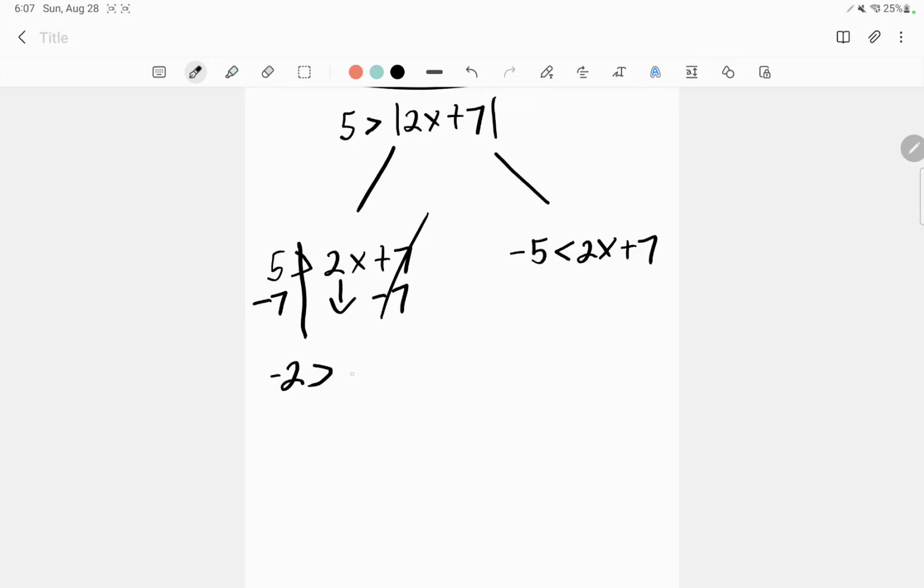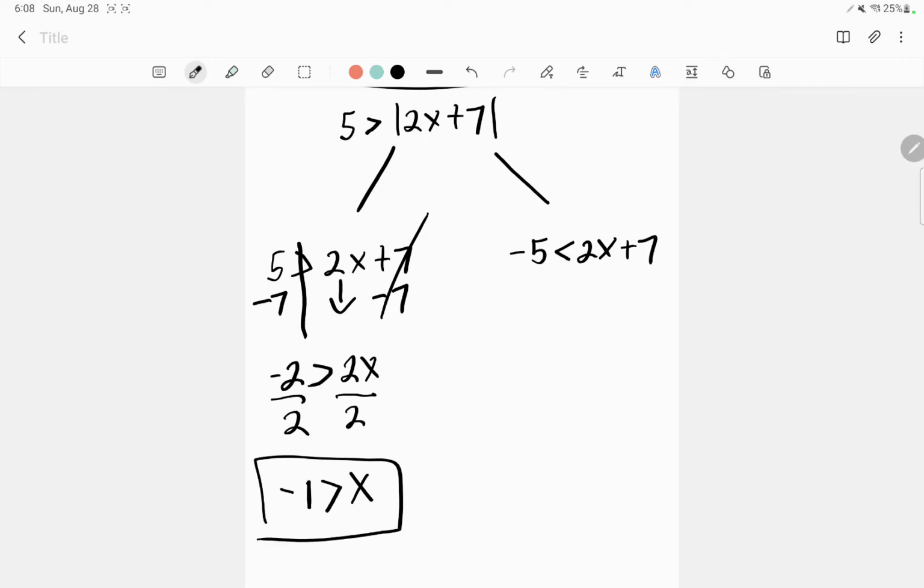So now I have 2x is less than -2. Now I'm gonna divide both sides by 2. And finally, I have -1 is greater than x. I'm gonna leave it like that because I don't want to get confused. That's my first answer.